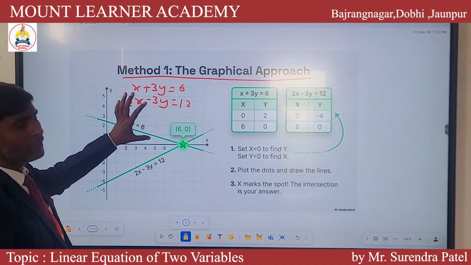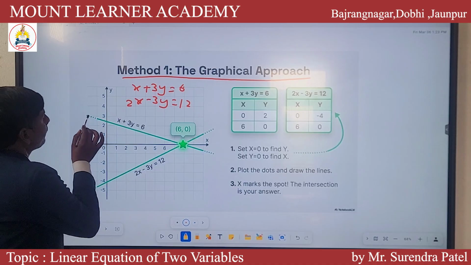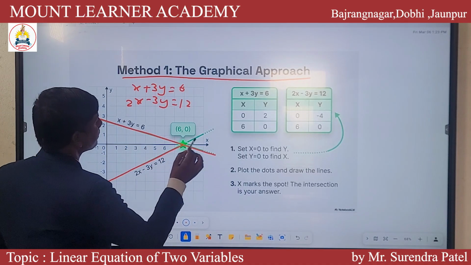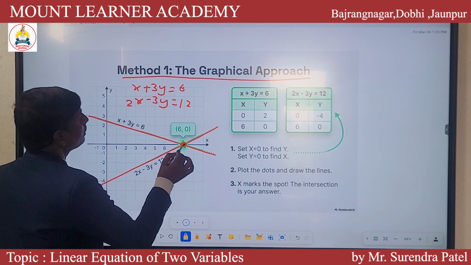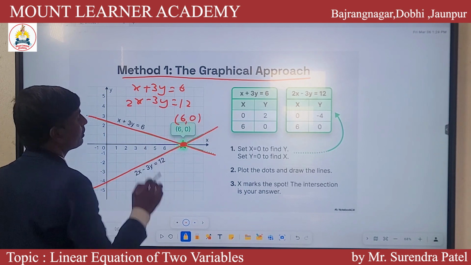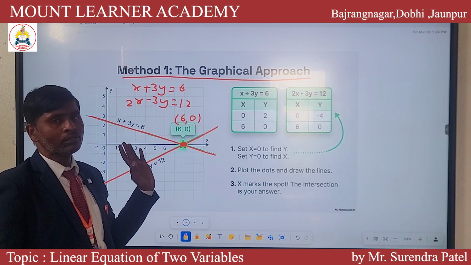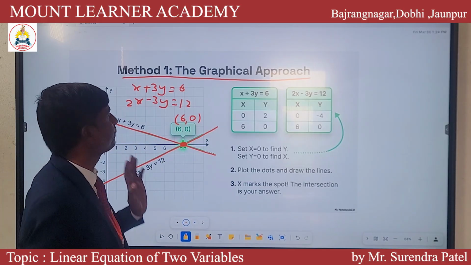If we draw the lines, then we get the first line and this is the second line, and these lines intersect each other at the point (6, 0), where 6, 0 is the coordinate of x and y.